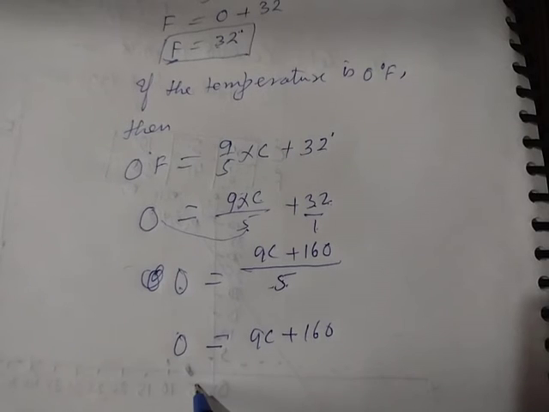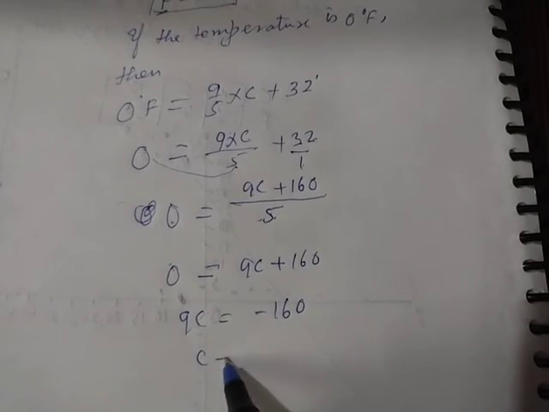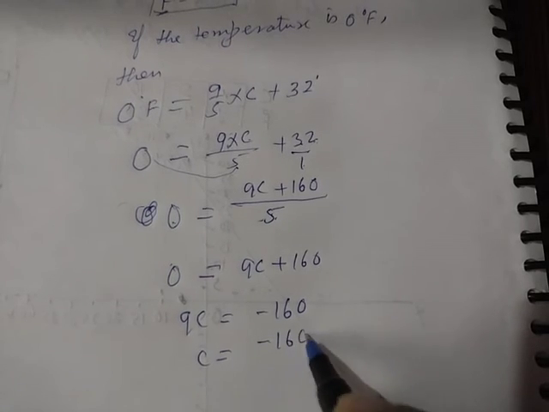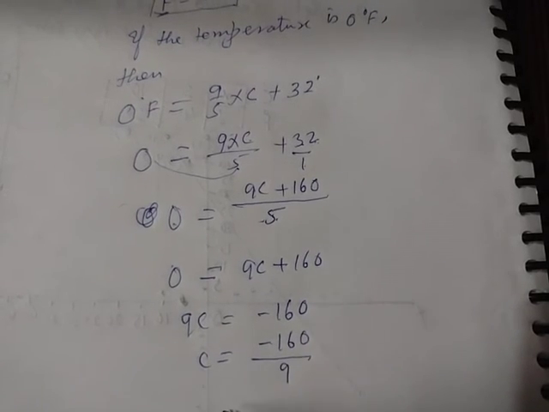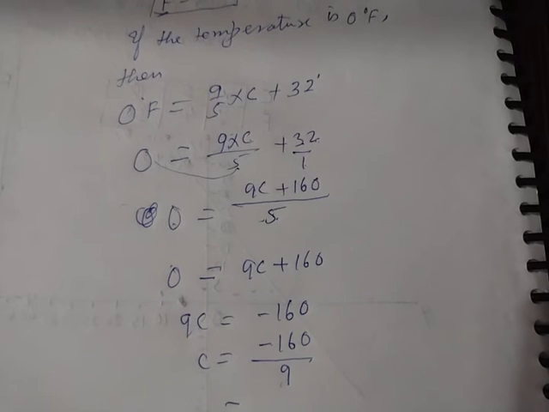Now you write here 9C equal to minus 160. Then C is equal to minus 160 upon 9. You divide and write the answer. Student, you see, it will come in minus, I have to check.